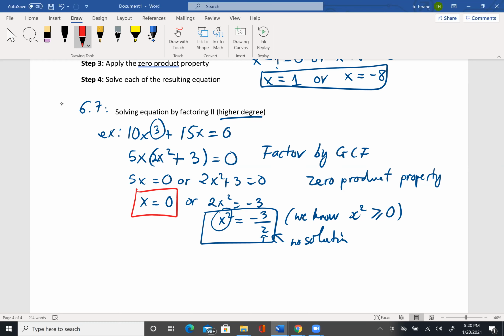Okay, and sometimes it could be a special case, such as example 2, x cubed equals 4x, right? You still must subtract on the right-hand side to make it become 0. So x cubed minus 4x equals 0.